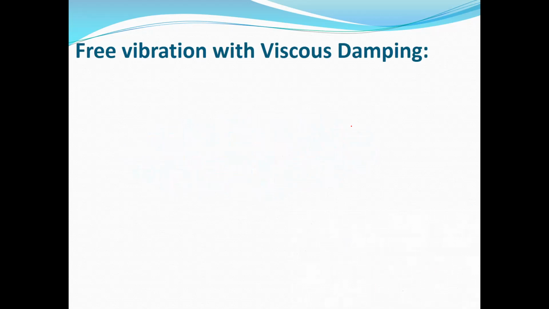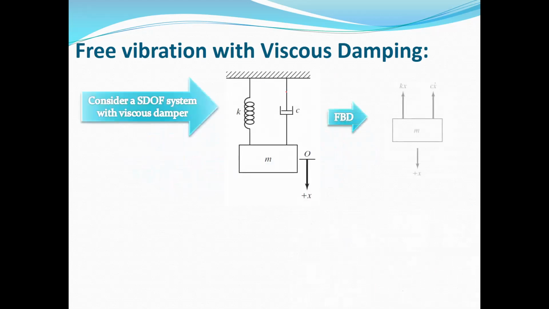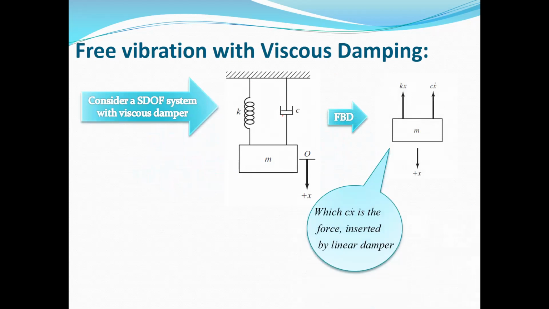Now we want to continue with free vibration with viscous damping. We can consider this time a system with one spring and one mass, the two components we had in the previous system, but this time we have one additional component, which is a damper.